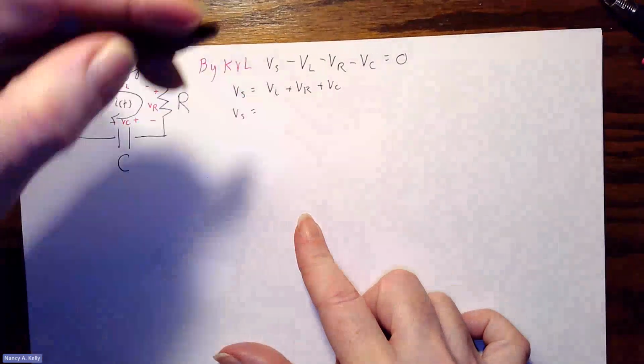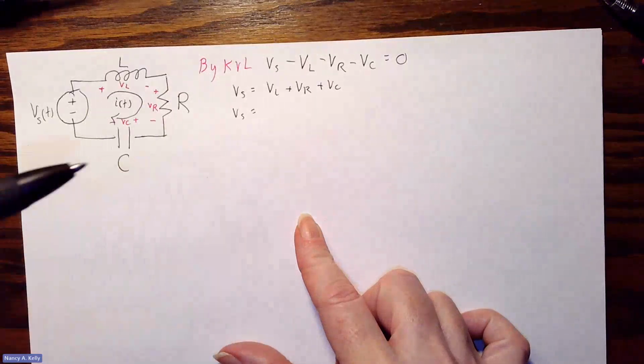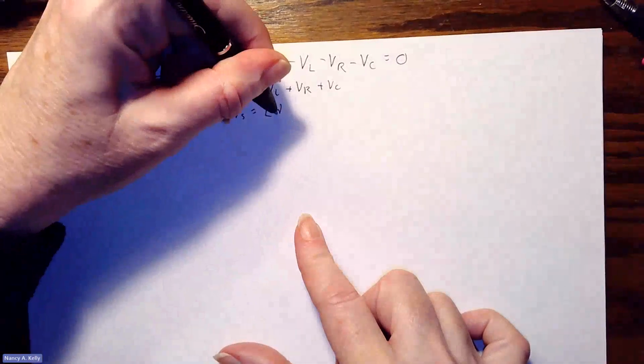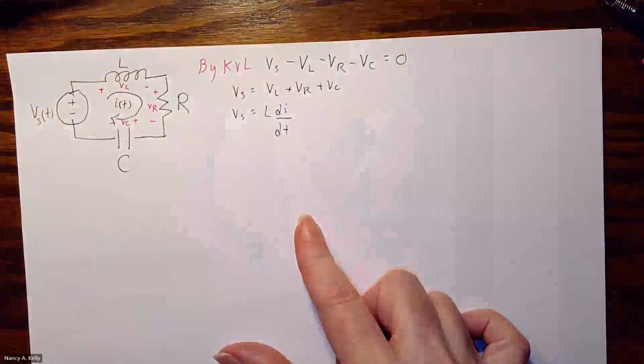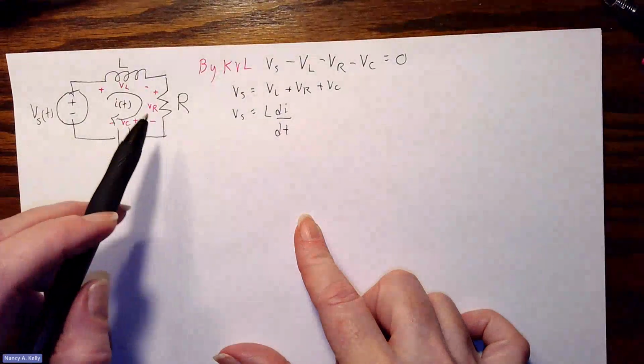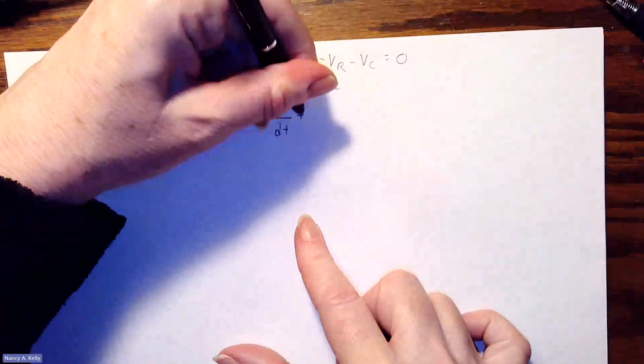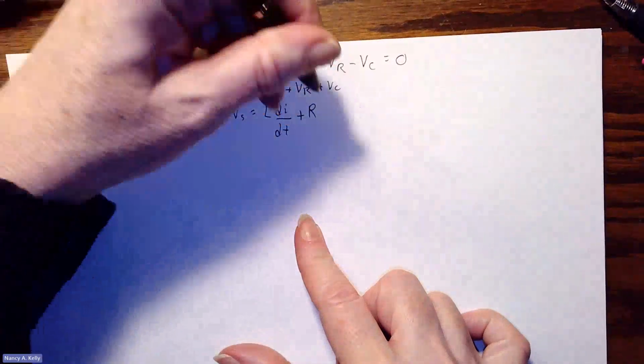Vs is equal to, the voltage across an inductor with the current entering the positive terminal is L di dt. The voltage across the resistor, since the current again is entering the positive terminal, we can use Ohm's law and say that it's R times I.